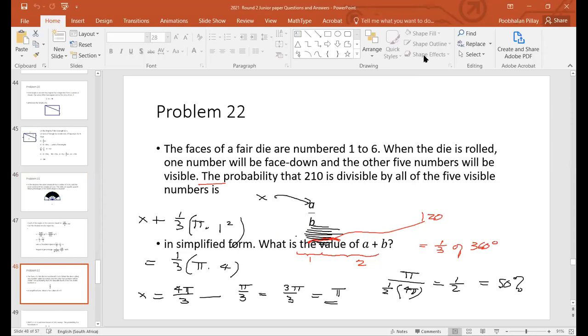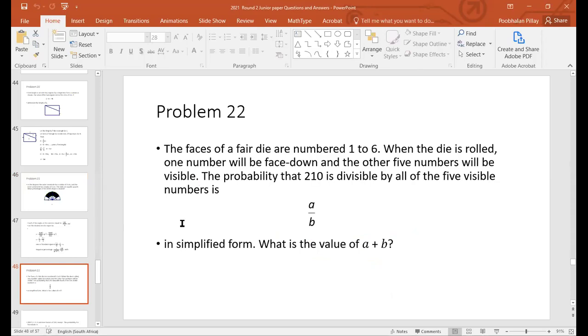The next question is a probability question, and it says, the faces of a fair die are numbered 1 to 6. When the die is rolled, one number will be face down and the other 5 numbers will be visible. Then they say the probability that 210 is divisible by all the 5 visible numbers is A over B. In its simplified form, what is the value of A plus B?